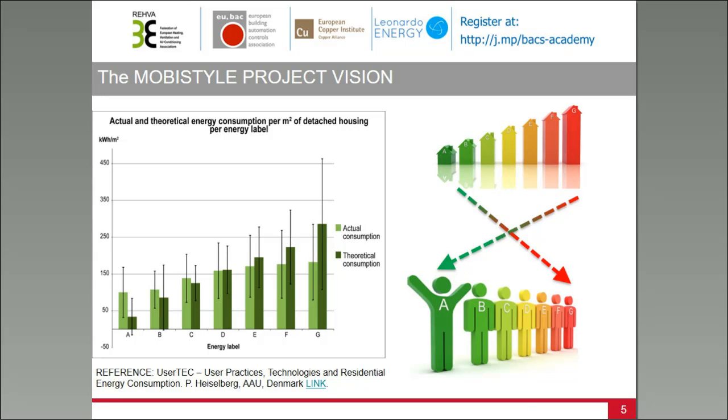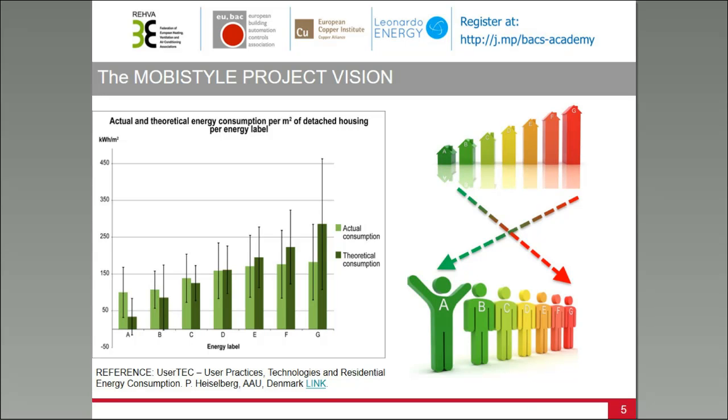It means that typically buildings that are really old and at a very low efficiency are occupied by people that tend to consume less or have very energy saving behaviors.